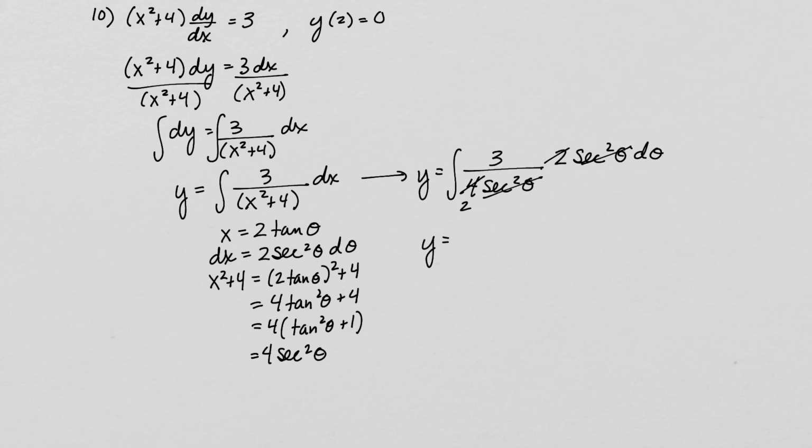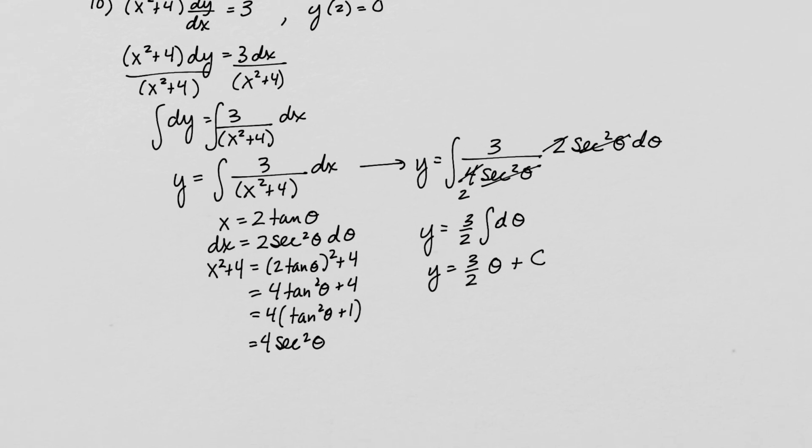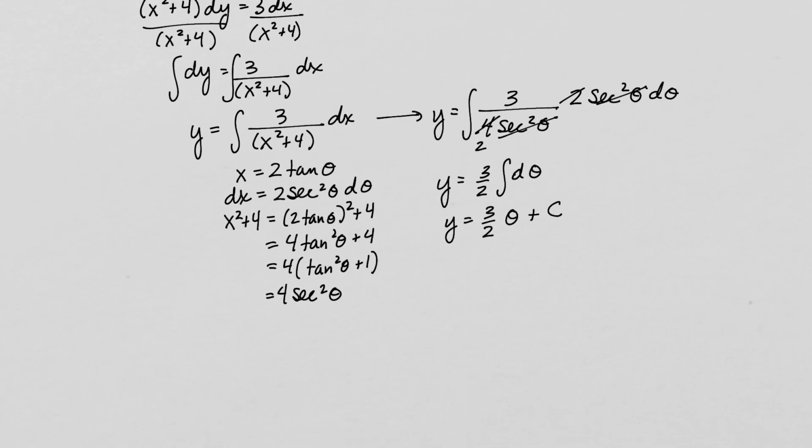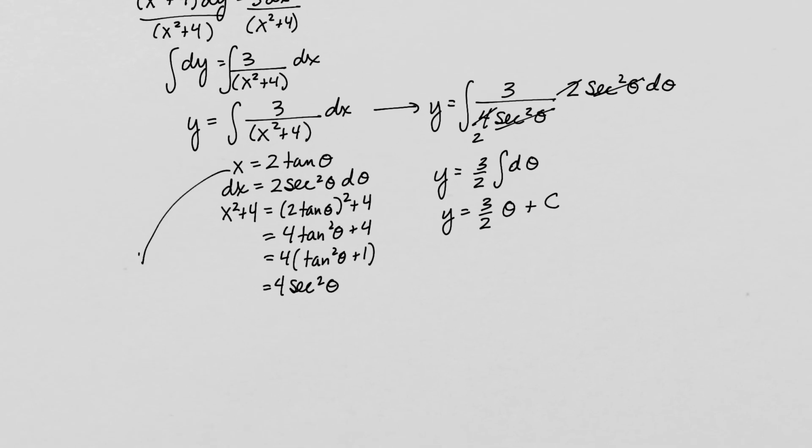And so really all I have is y is equal to 3 halves times the integral of d theta. And so if you integrate d theta, you end up with y is equal to 3 halves theta plus c. I never drew my triangle, but from here I just need to know what theta is.